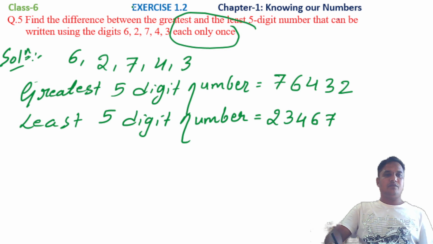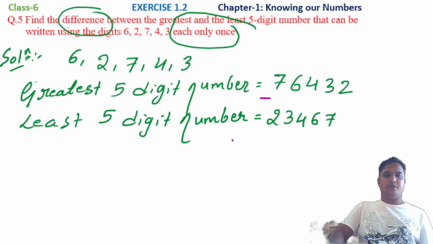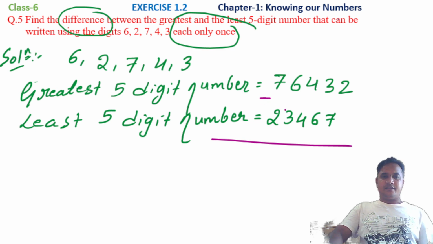What they are asking, what we need to find: find the difference. Difference means we have to subtract. So I will subtract now: greatest number minus smallest number. This 5 digit number I subtract from the greatest 5 digit number. What will we get? 12 minus 7, 5.